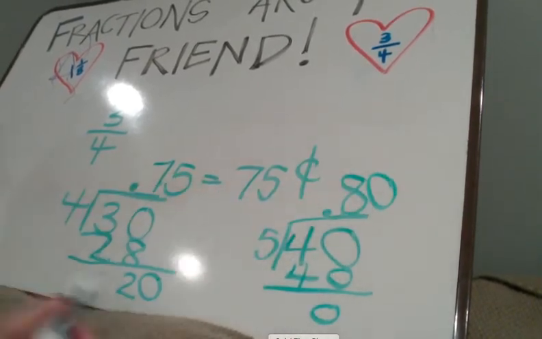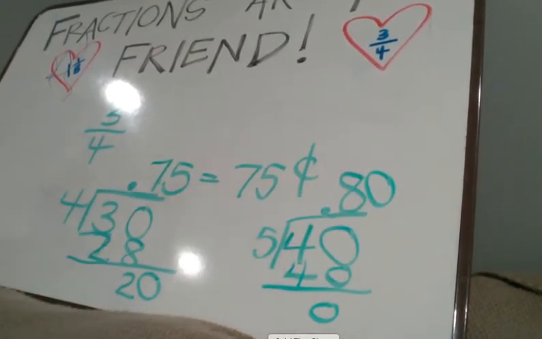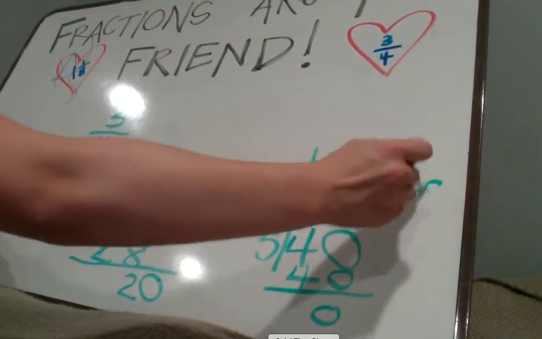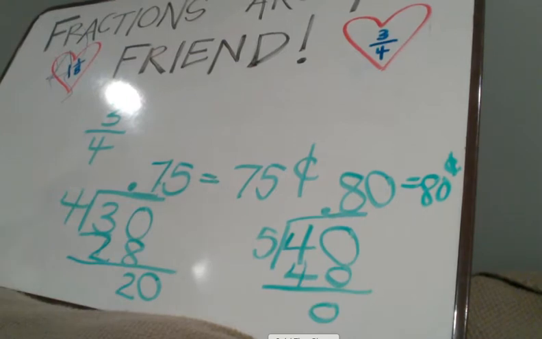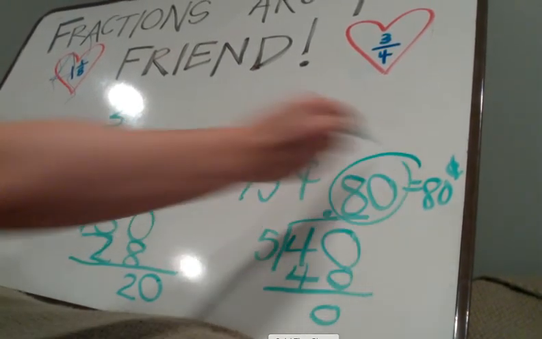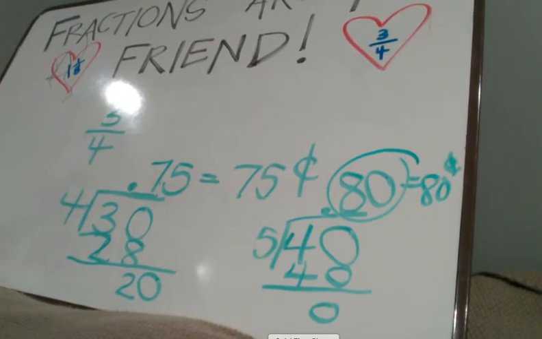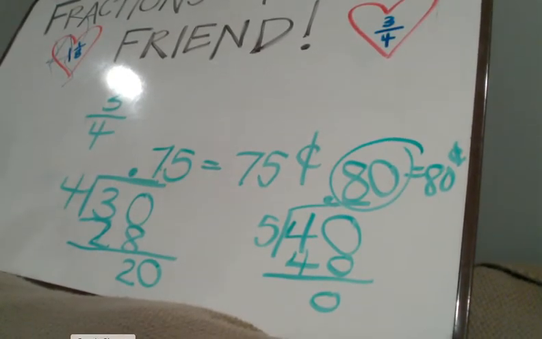So 0.8 is the same as 80 cents. And now for me, that's really easy to compare. I know that 80 cents is more than 75 cents, which means 4/5 must be the larger fraction.